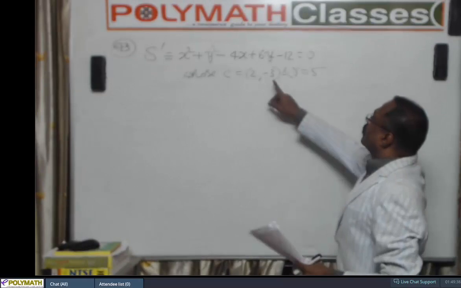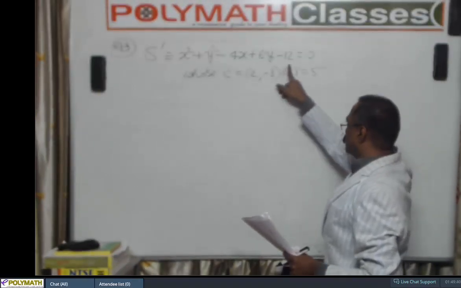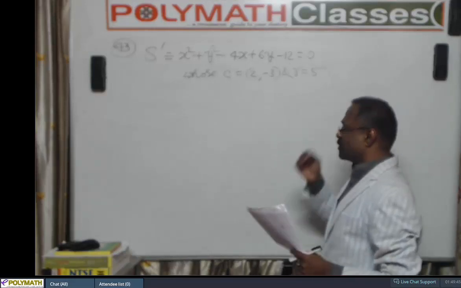Correct? 9 plus 4 is 13, plus 12 is 25. Under root, 5. So the radius is 5.